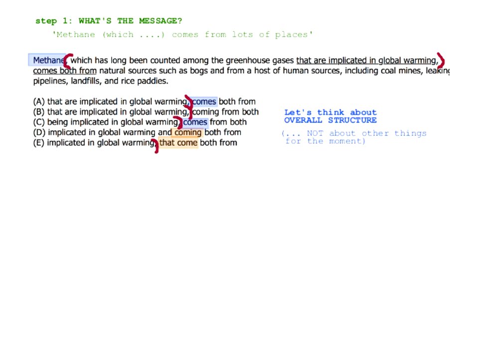Once you have a sense of this, then you kind of know how the sentence has to be put together, right? It's going to have to say methane comes from lots of places. That's the other clue. So not only should you notice that there is an issue here with some things being verbs and other things being not verbs, but on top of that, you should also expect that to be a verb.